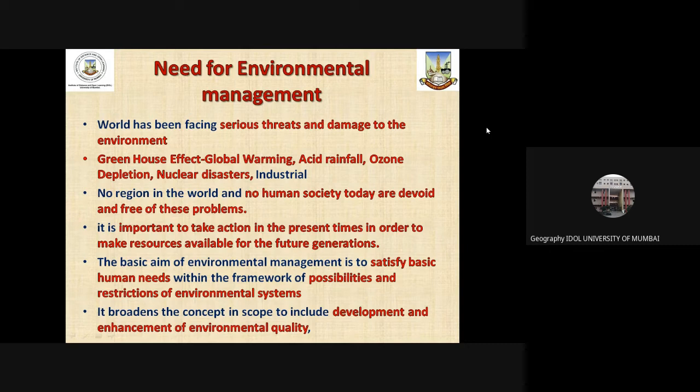It has a broad conceptual background, which particularly includes the development and enhancement of quality, which can go hand in hand.